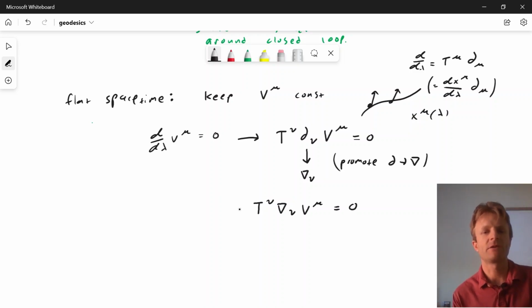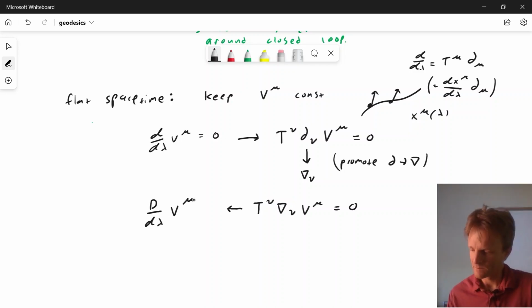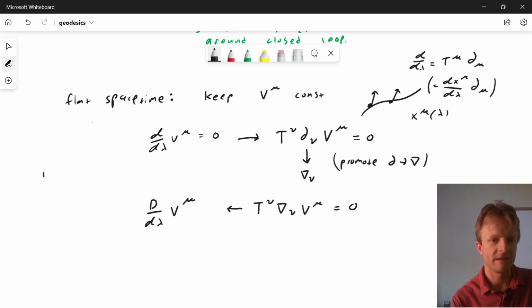And another way of writing this, which is a little nicer, is to define capital D/dλ v^μ. And capital D/dλ then is just what we needed here. So the tangent vector contracted with the covariant derivative. So let's write that as T^ν.